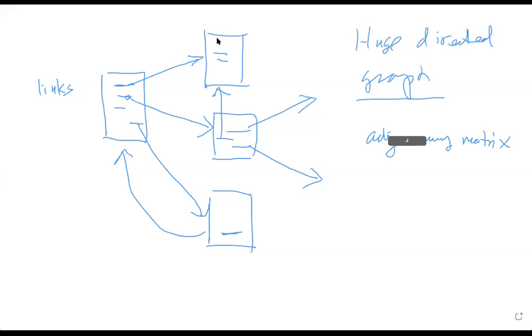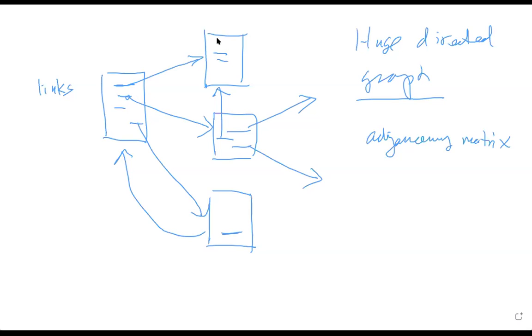This adjacency matrix is so big that it cannot be placed in a single machine's RAM. Hence, you still need to use MapReduce to handle it. We're not going to look at that detail because that is a huge thing done by a company.